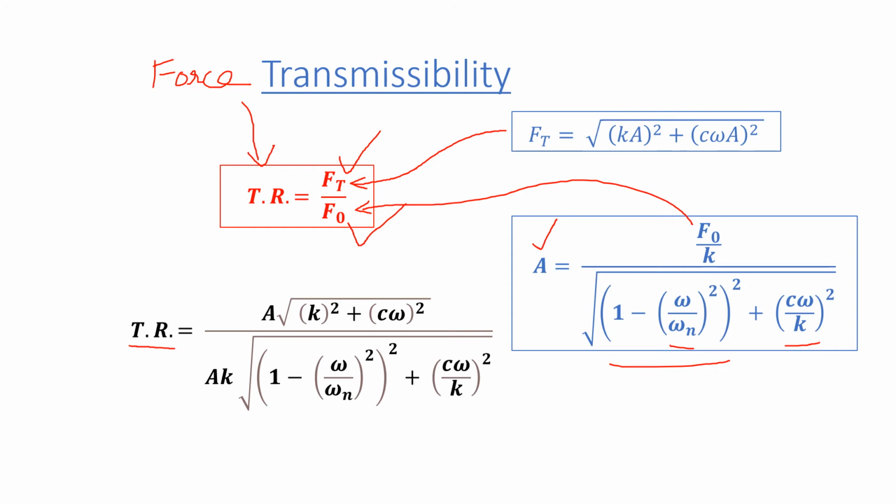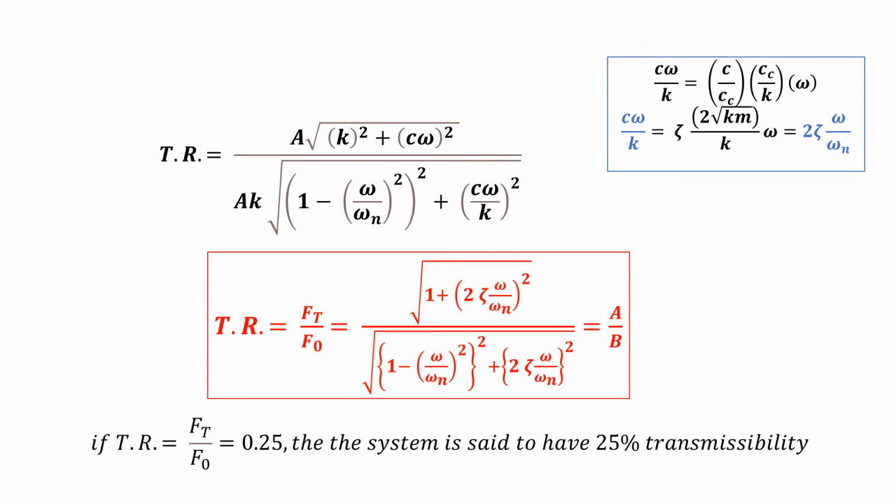Transmissibility becomes like this. From here A cancels out. K, when we take it to the numerator, this term becomes C omega by K, and this K cancels out. We substitute C omega by K.